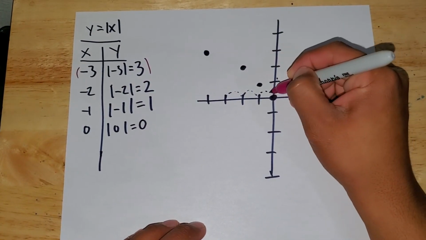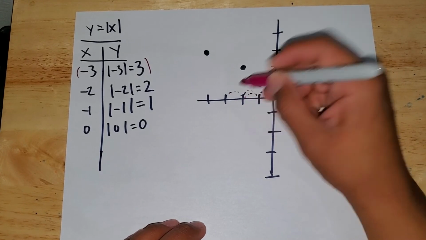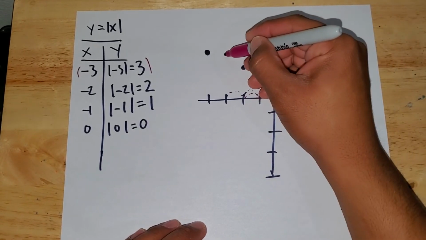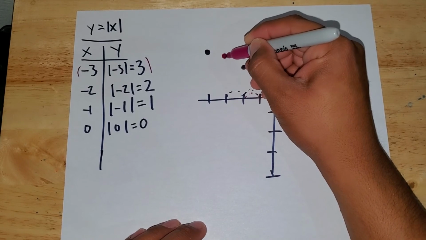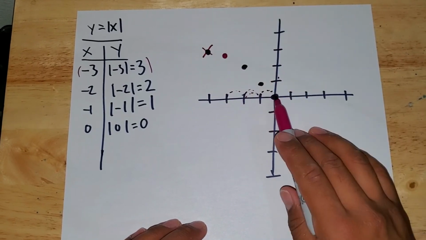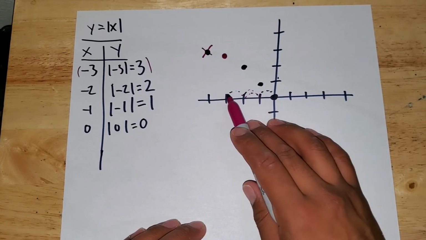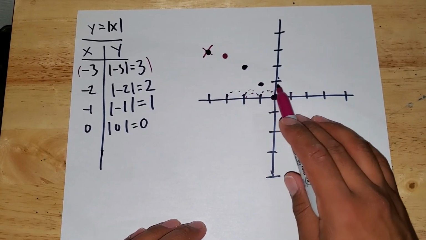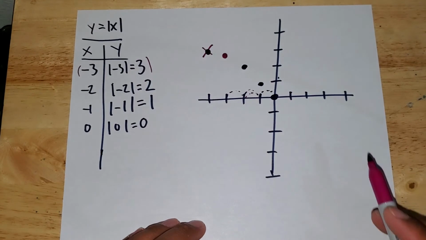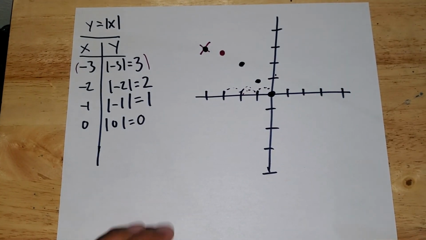So if we move to the right 3, we have to go up 3, which is going to be right here. I accidentally went 1, 2, 3, 4, and that one stayed up, instead of 1, 2, 3, up, then 1, 2, 3, 4. So we get to see a better idea of this.